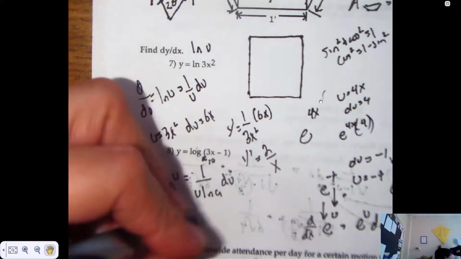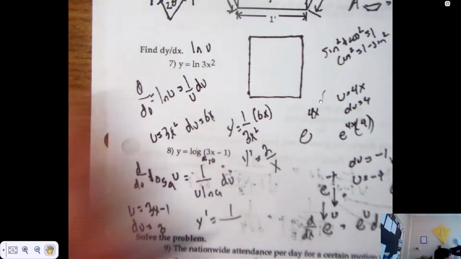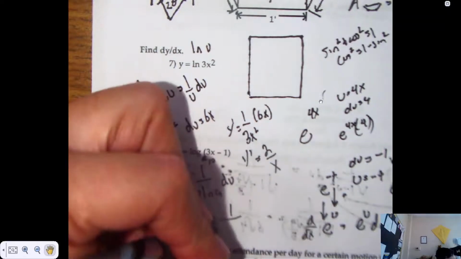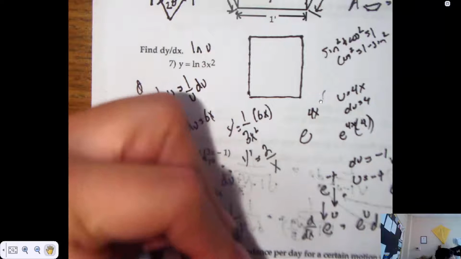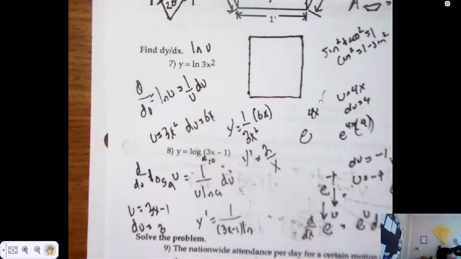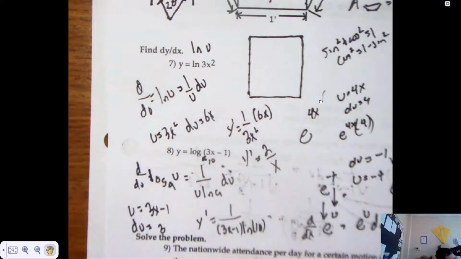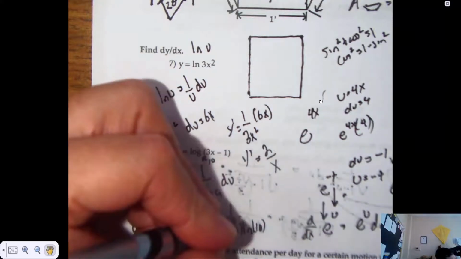All right, so my y prime here is 1 over u. Tanner, what am I going to put there for that u? 3x minus 1. Wrap it. It's 2 terms. Natural log of the base. What was the base? 10. And then I multiply by the derivative of u, which is 3.